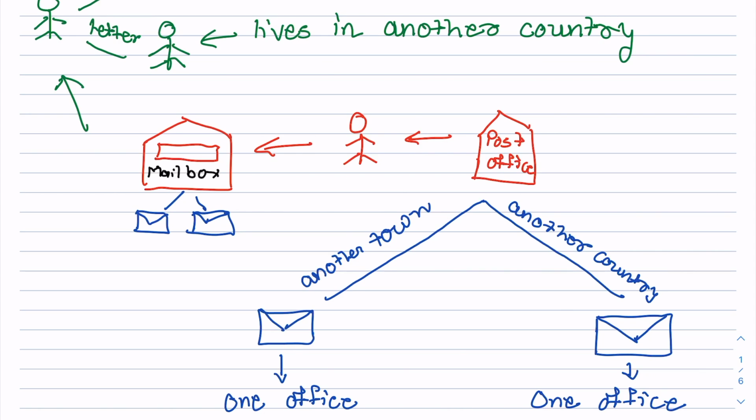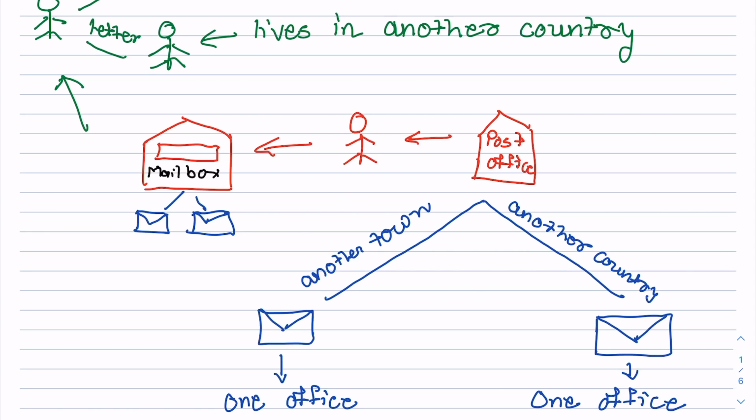If it is in the same town or the next town, the post office can directly send that mail to the destination using a truck or something. If it is in a different state or on the other side of the country, as we discussed with our friend living on the other side of the country, then the post office will send the mail to the next post office it has to go through.